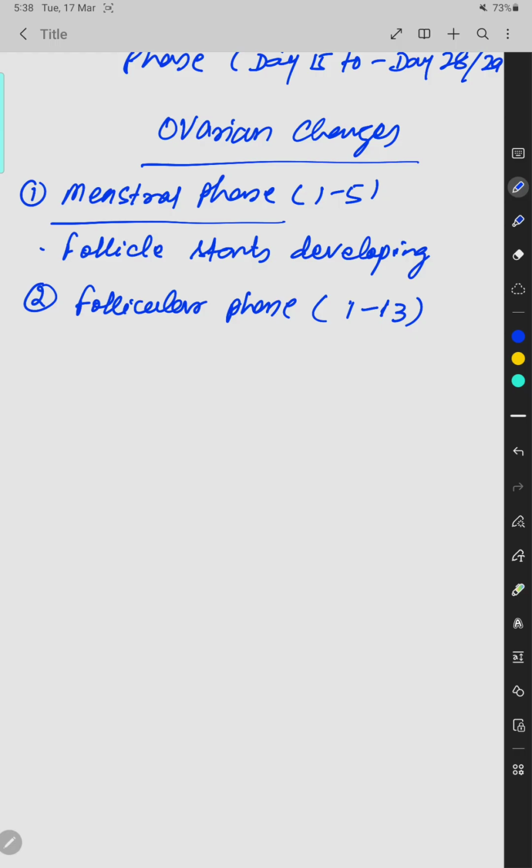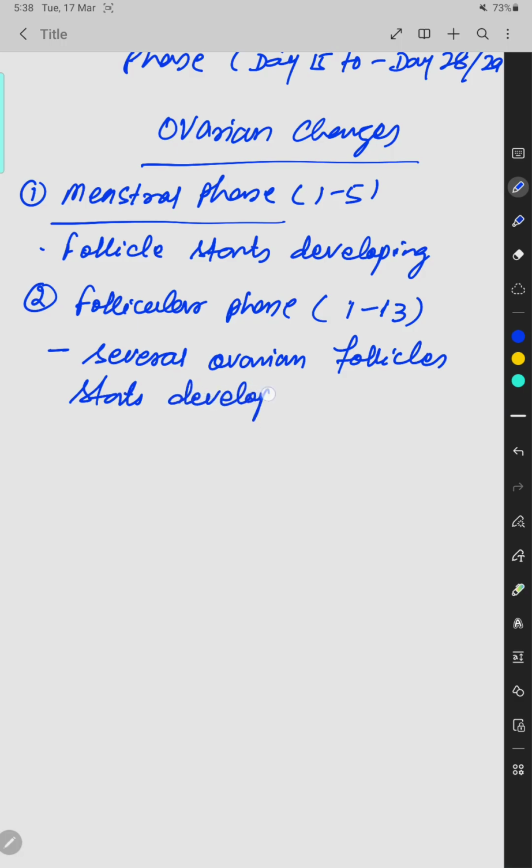During this phase, several ovarian follicles start developing. Primary follicles are already there, but the primary follicle develops into a secondary follicle, tertiary follicles, then Graafian follicle.